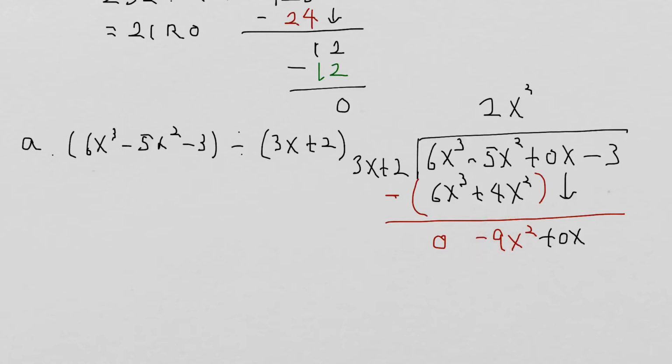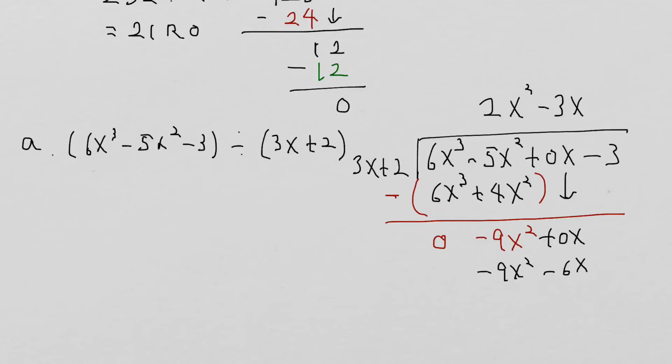You're going to multiply by negative 3x. Don't forget, negative 3 times positive 3 is 9, and x times x is x squared. And then you multiply that by 2, you get negative 6x.